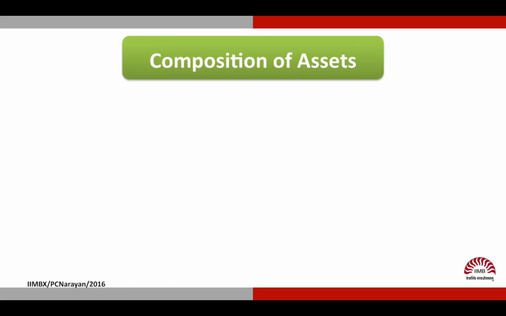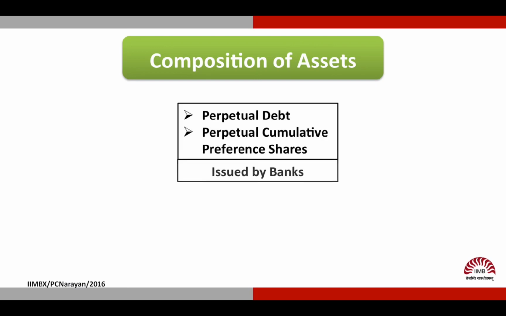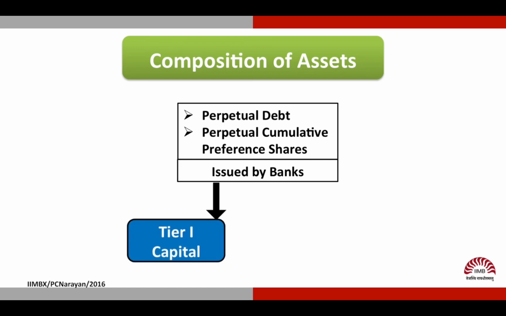A host of instruments such as perpetual debt, perpetual cumulative preference shares, etc., issued by banks from time to time are also eligible to be included either under Tier 1 capital or under Tier 2 capital, again as per the directives of the central bank of the country.